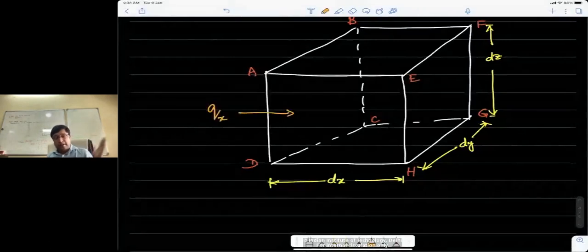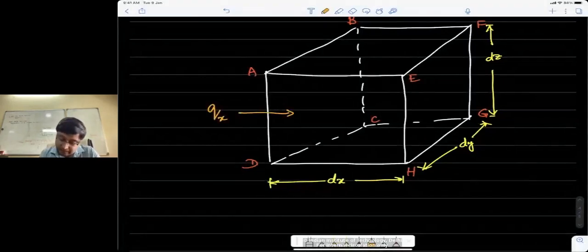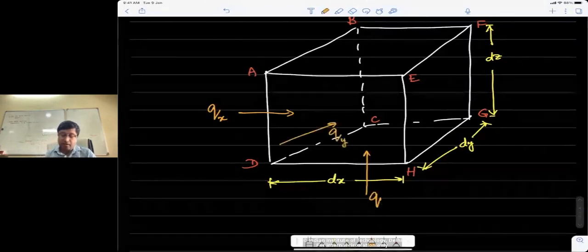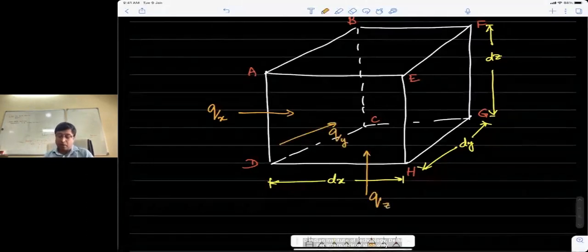So let's say from the other side, maybe a differential control volume next to this control volume, we had Qx coming in to the face ABCD. Let's say we have Q, not Qx, this should be Qy should be here, sorry. So Qy coming on this face, and let's say Qz coming to the bottom face.